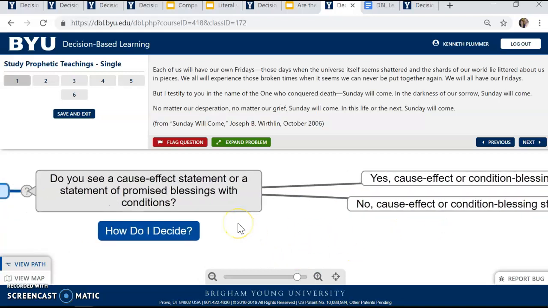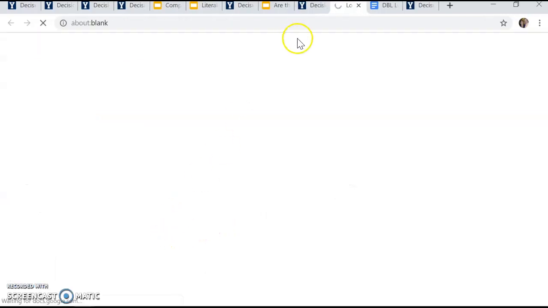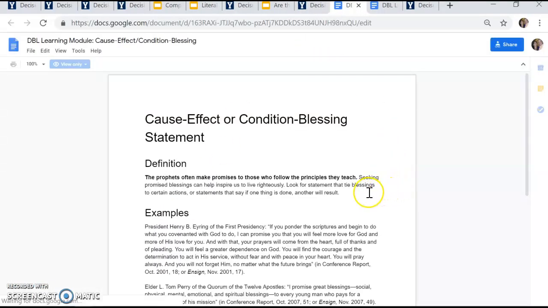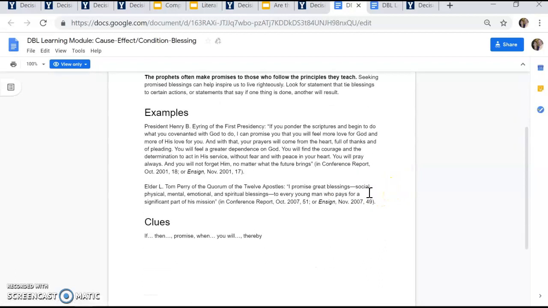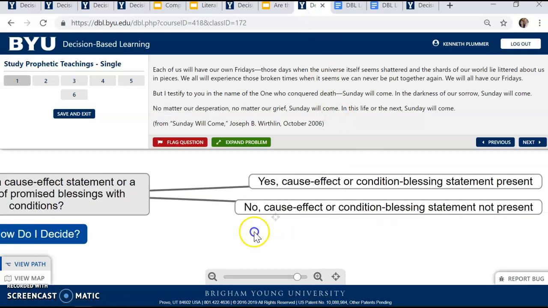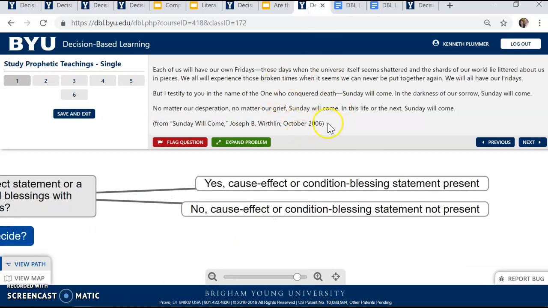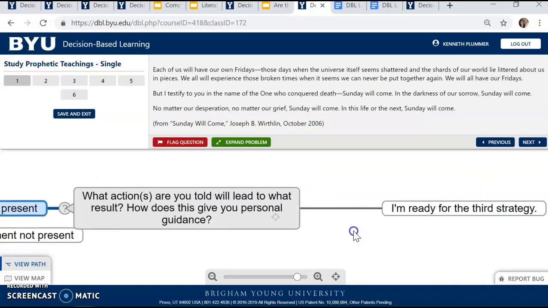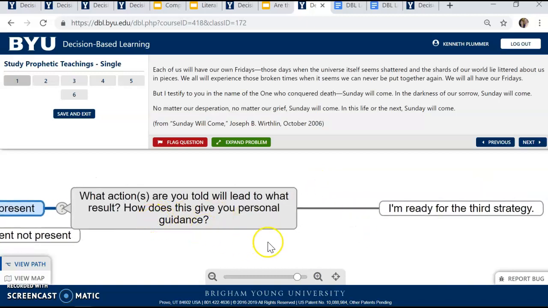Do you see a cause and effect statement or statement of promised blessings with conditions? So they click on the just enough, just in time instruction, and through that they learn about cause and effect relationships, and if they are present in a church leader's talk. And so we continue to work our way through. There's another reflection point. What actions are you told will lead to what result?